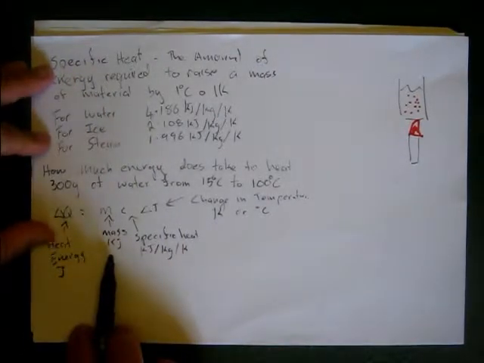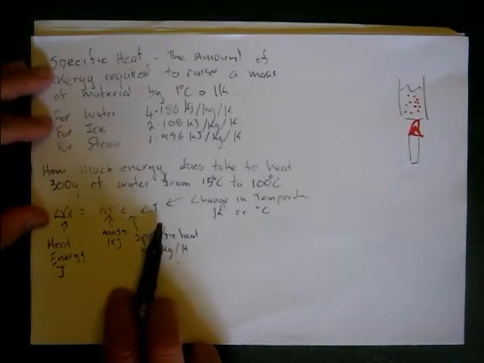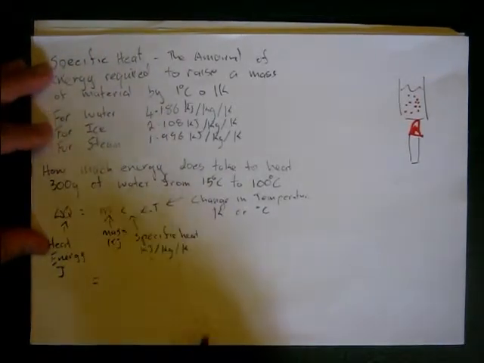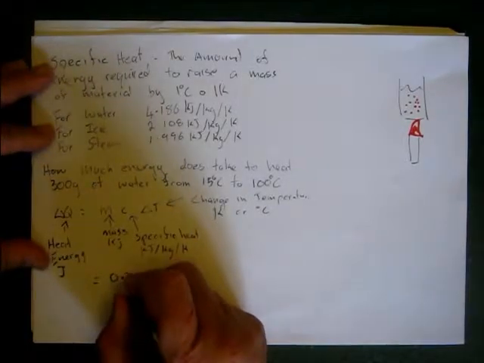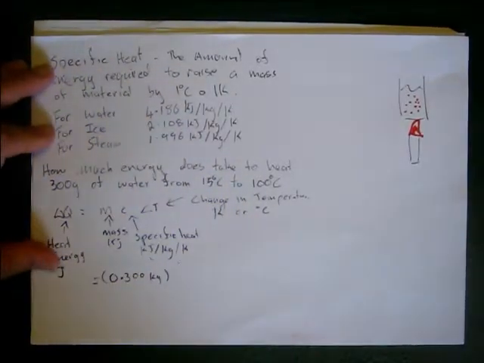It's going to equal the mass that we're heating up times the specific heat of the substance times the change in temperature. So in this case, I am heating up 300 grams. 300 grams is 0.3 kg of water.